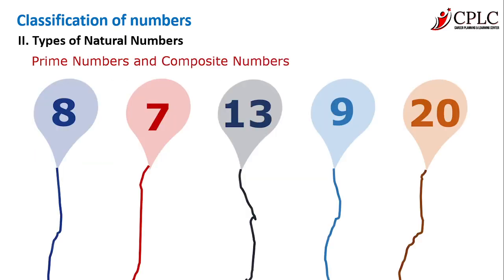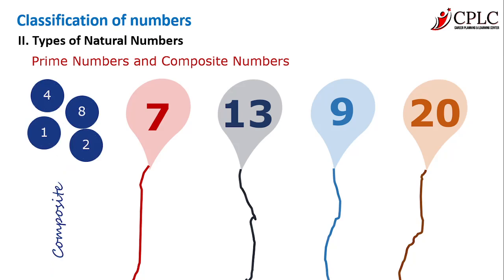We can do a few simple examples. Suppose these 4 or 5 numbers are given to us and we have to classify them as prime and composite. Obviously, we'll have to factorize them and come to know. So 8, if you factorize, you would realize 8 is completely divisible by 1, 2, 4, and 8. So it has more than two factors, so it becomes a composite number.